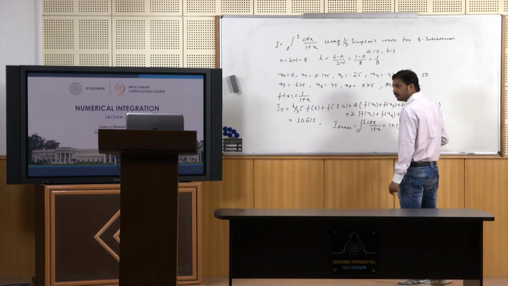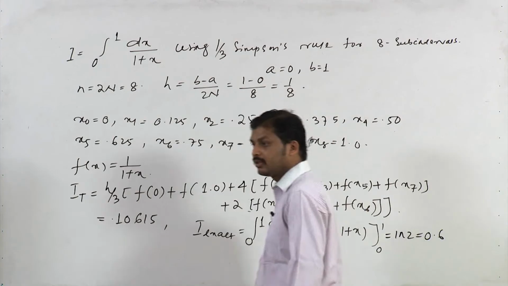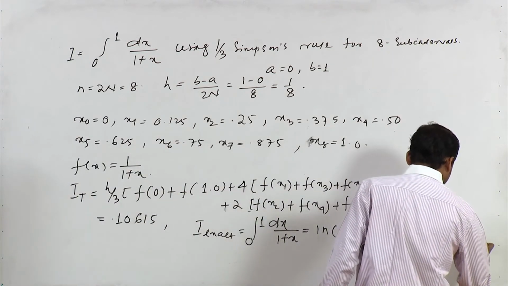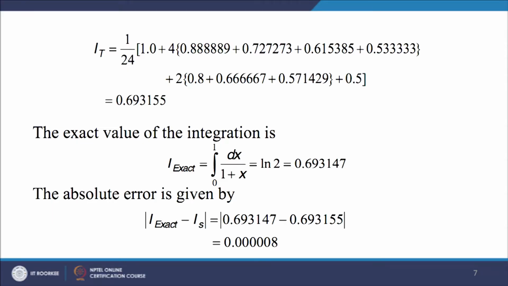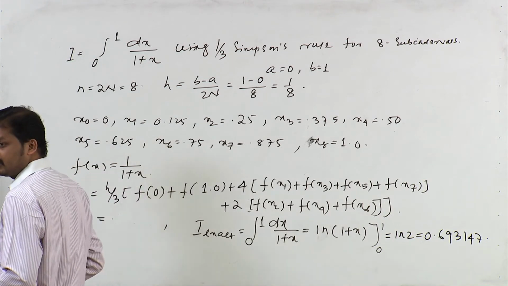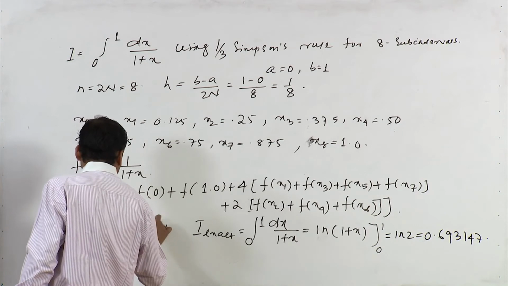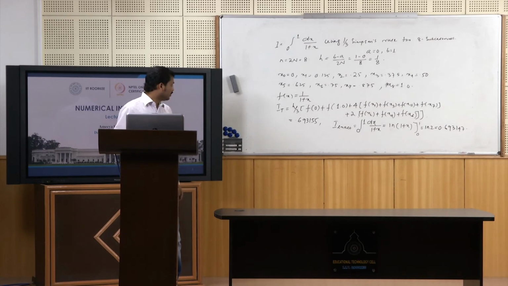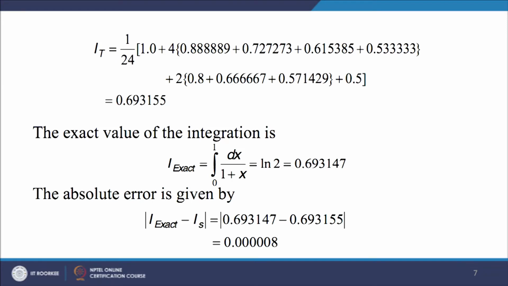This value is 0.693147. The approximate integral value is 0.693155. If we take the difference I exact minus I approximate, that is 0.693147 minus 0.693155, this gives 0.00008. So the error is very small in this case.